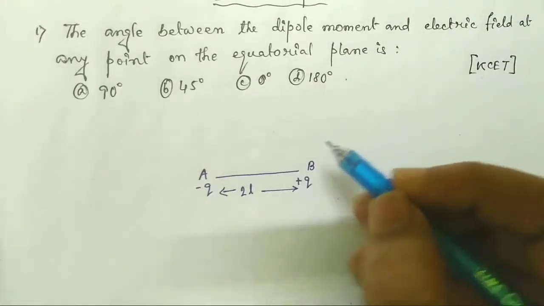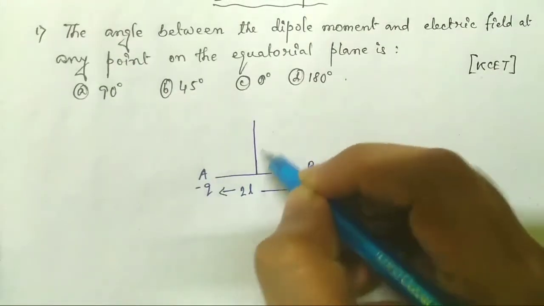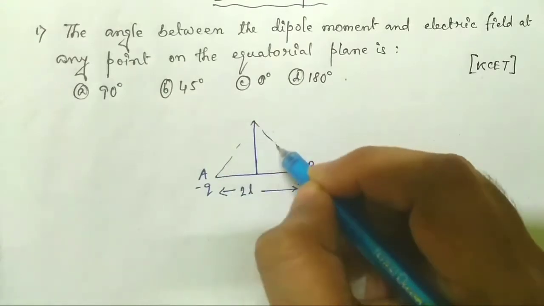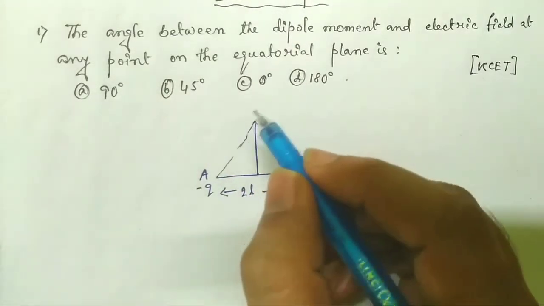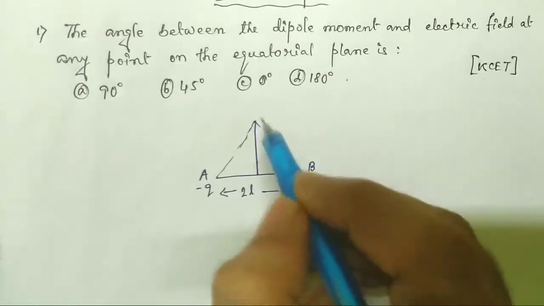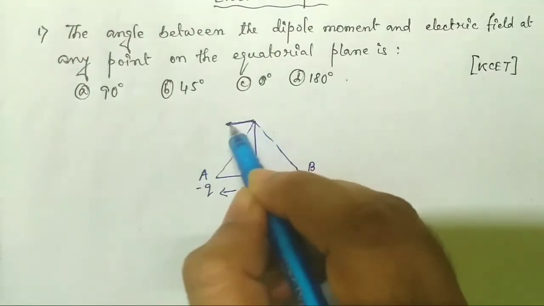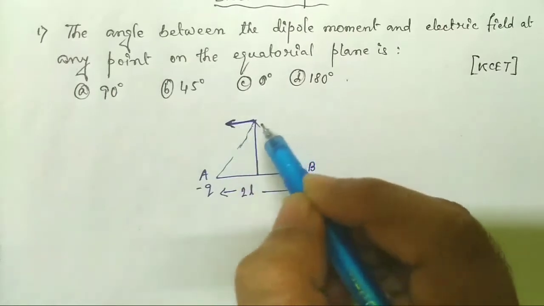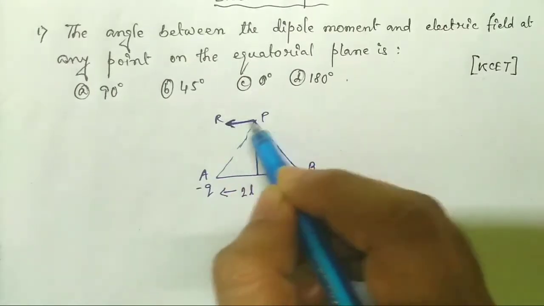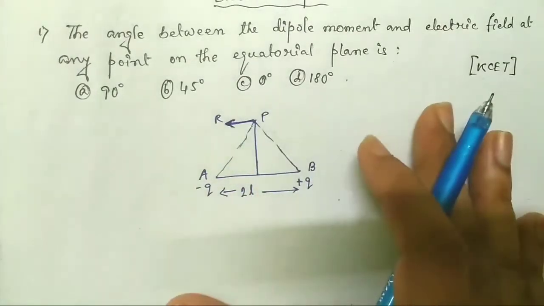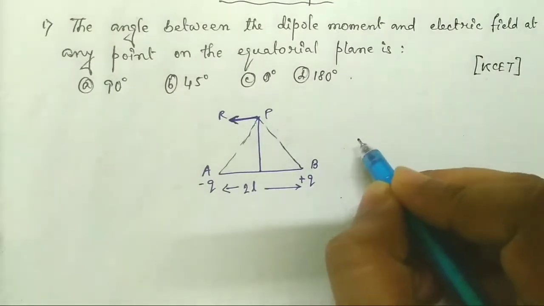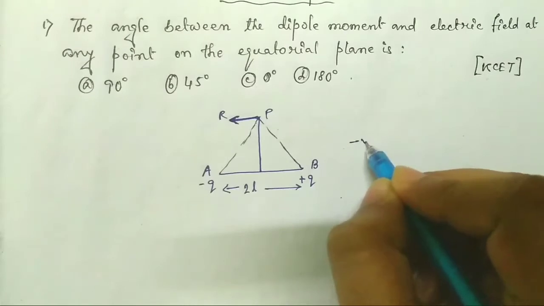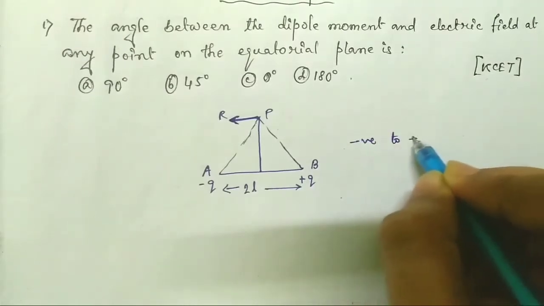We know the electric field intensity at a point on the perpendicular bisector of this dipole is always in this direction. Suppose this is P, this is R, along this direction, and we know the dipole moment is actually given in the direction from negative to positive charge.